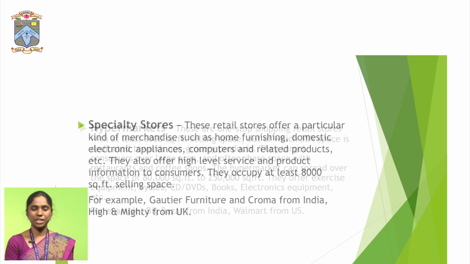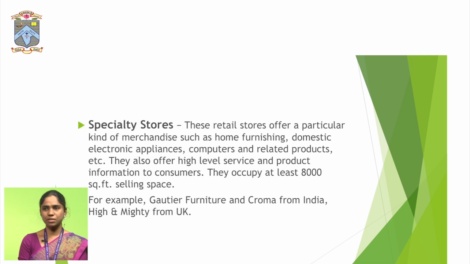And the next one is specialty stores. In specialty stores the main merchandise is the same, and for this we can take the example of Reliance Trends. The main product available is only apparel.